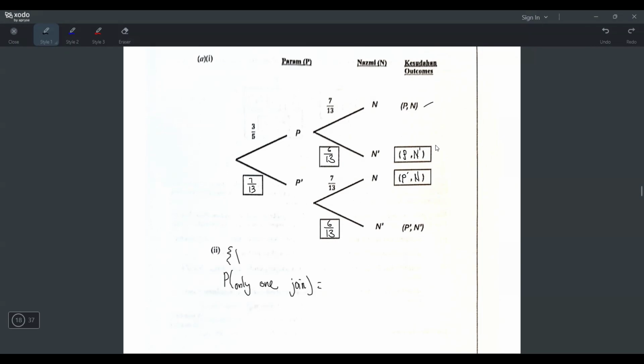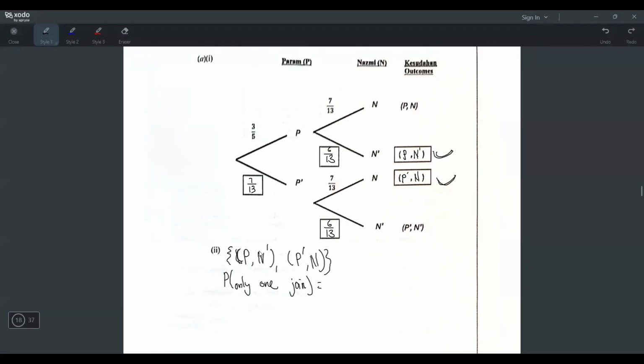So can you tell me, 1, 2, 3, 4, which of these is only one joins? It's this one and this one only, right? So P and N prime, and then the other one is P prime and N. This one cannot, because both join. And this one also cannot because both didn't join. So if you want only one to join, then it's actually this one and this one, right?